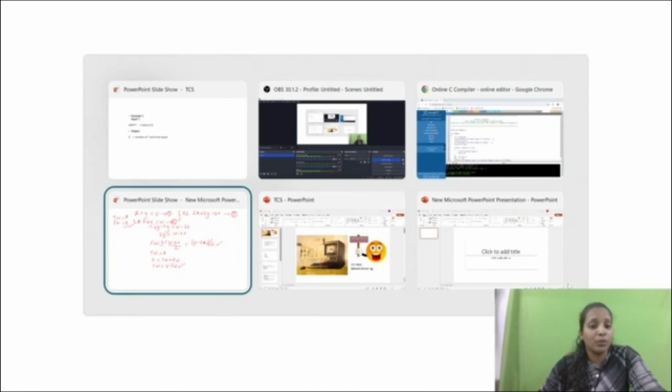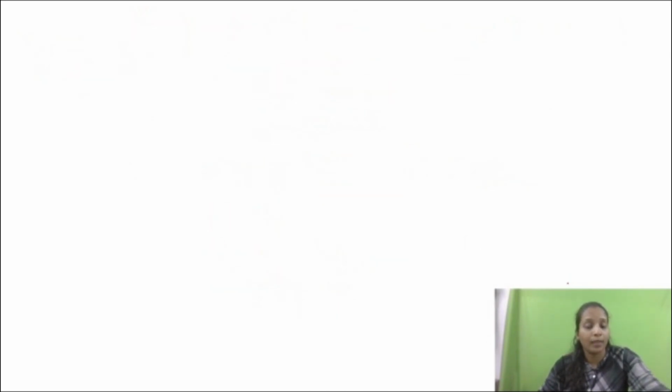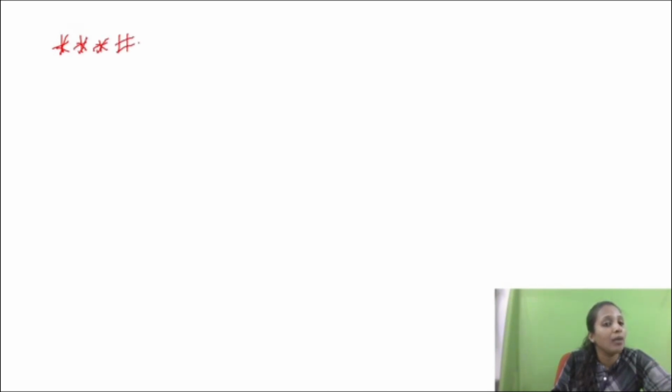So how do we deal with this? Let's take three possibilities. In the first case, the number of star should be greater than the number of hash. Right? So this will result in 1 or a positive number, because we have to take the difference between this and this, which will be 3 minus 2, that is 1.